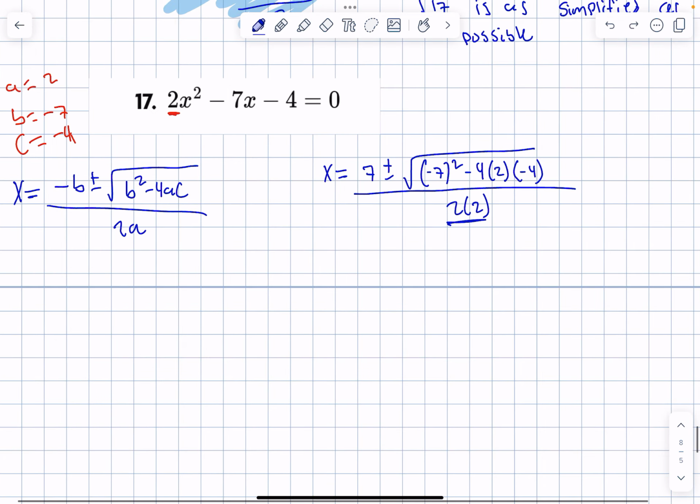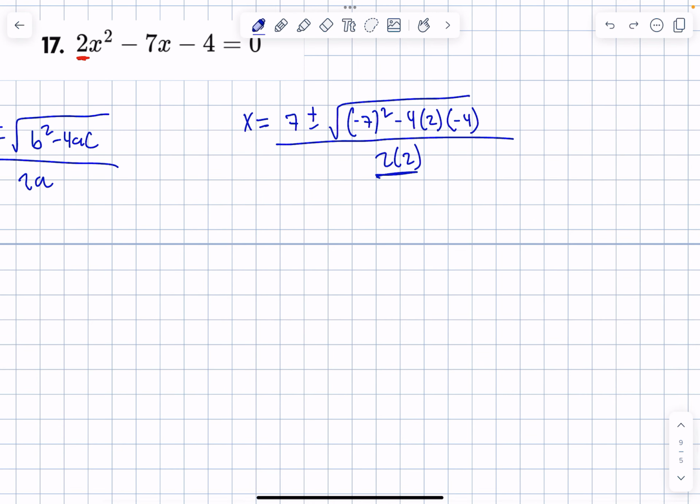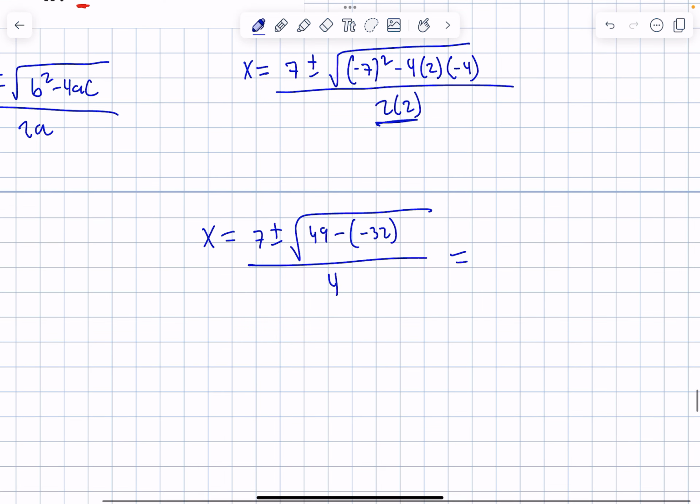So now let's take it down, and we say x is equal to 7 plus and minus the square root of negative 7 squared is 49. So 49 minus 4 times 2 is 8. 8 times negative 4 is negative 32. All over 4. Let's take it a step further and simplify the square root. Here we have 49 minus negative, so this becomes a plus.